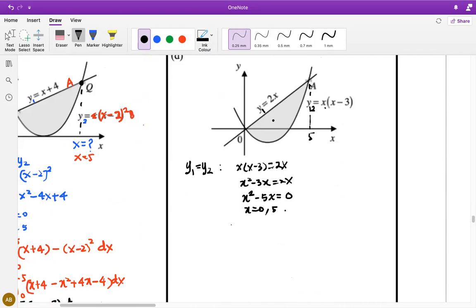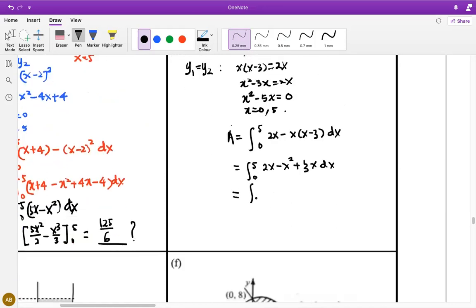So I want to find this area. It will be the area from 0 to 5. Above is 2x minus x times (x minus 3) dx. So from 0 to 5, you get 2x minus x squared plus 3x dx.